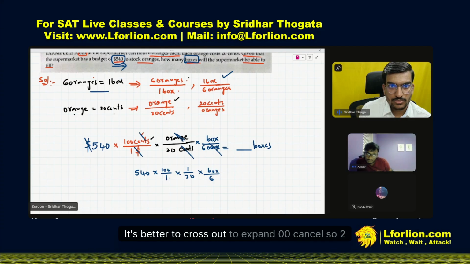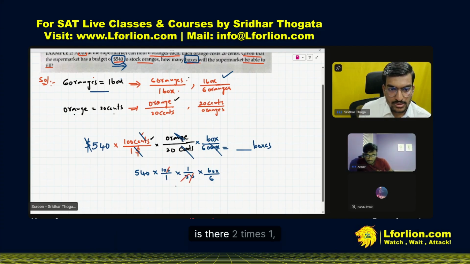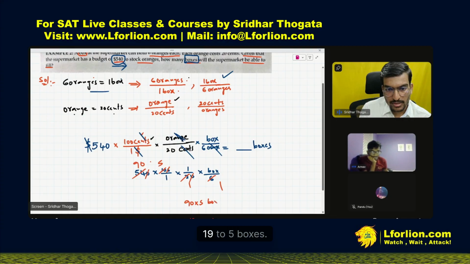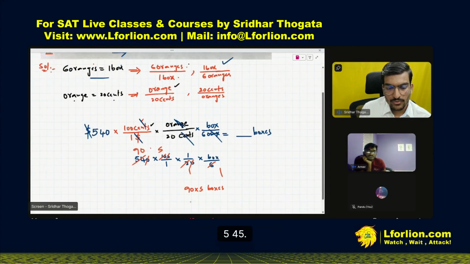It's better to cross out than to expand. 0 cancels, so 2 is there. 2 times 1, 2 times 5, and 6 times 1. 6 times 9 is 54, 6 times 0 is 0. So 90 into 5 boxes. That will be 9 times 5 is 45, so 450 boxes will be our answer.